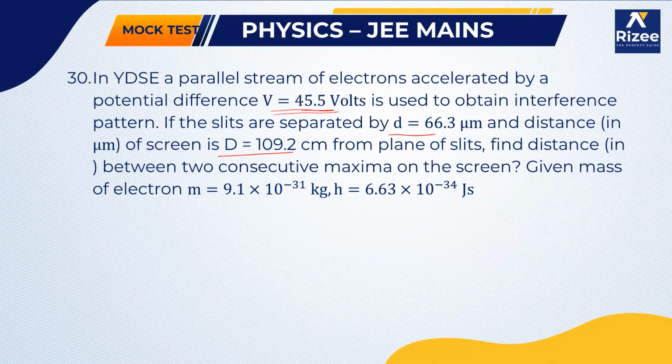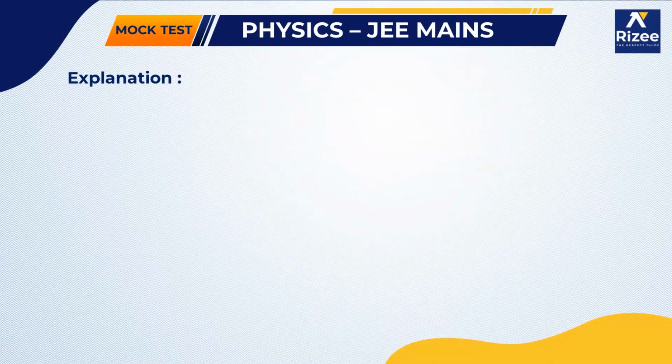Given the mass of the electron and h. The distance between the consecutive maxima on a screen is nothing but beta, which is called the fringe width. Fringe width is equal to lambda into capital D by small d. So in this case we need to find out lambda. The applied potential difference for the electrons is 45.5 volts.